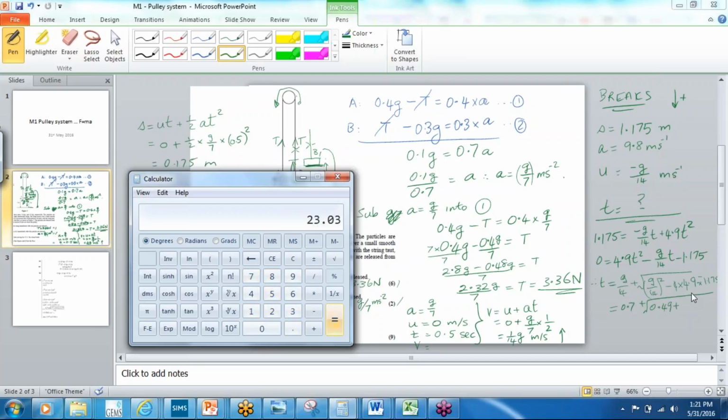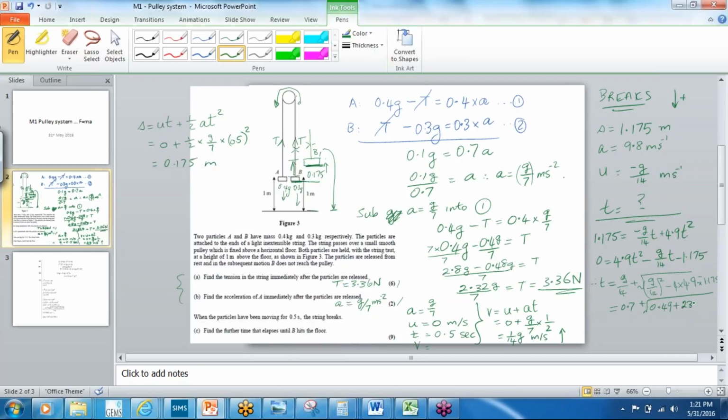For ac is 23.03, all over 2a, which is double 4.9.